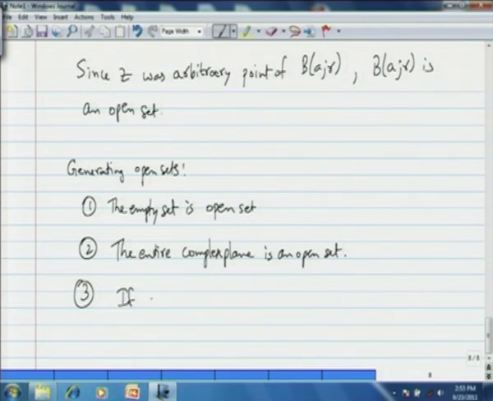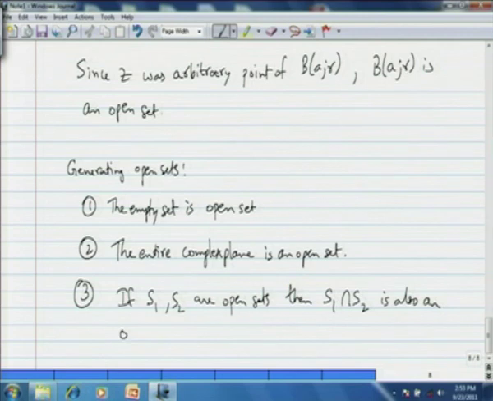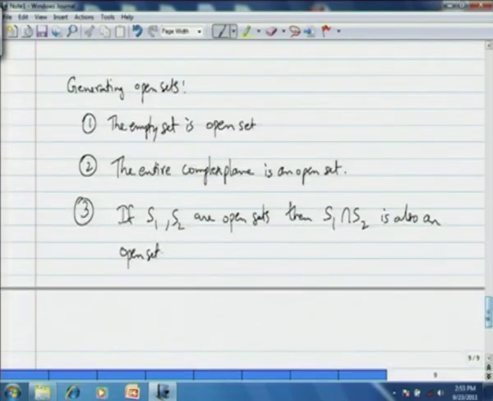If S1 and S2 are open sets, then S1 intersection S2 is also an open set. So, why is this true?